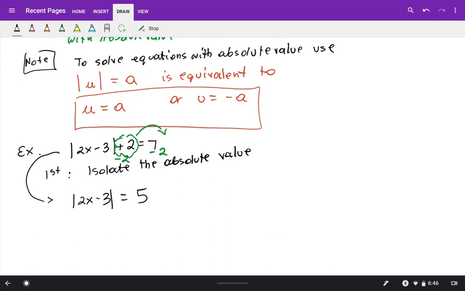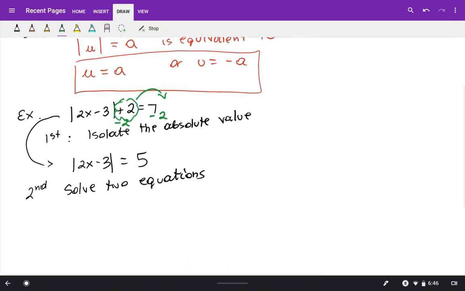Now when we isolate the absolute value, we're going to use the definition of absolute value. So to solve an equation like this, second, solve two equations. The first equation looks like your original equation. You're just going to remove the absolute value. So this is 2x minus 3 equal 5.